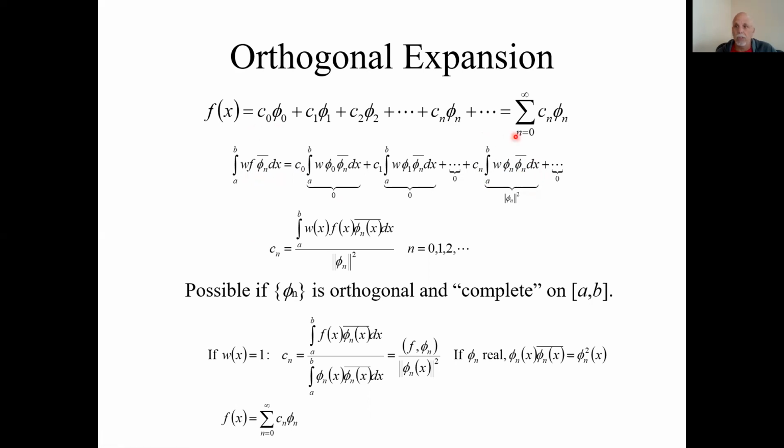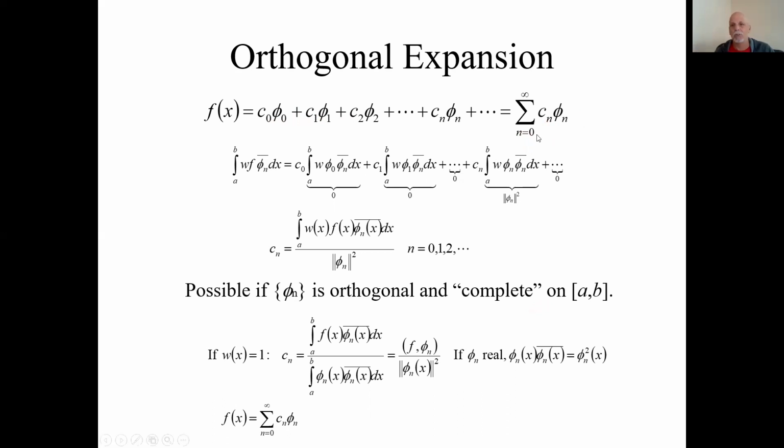Can we really do this? Well, you also need another attribute: this set must not only be orthogonal, but it must be complete. And that means there's no non-zero function that exists that's orthogonal to all these functions. So this set of orthogonal functions is all of them.